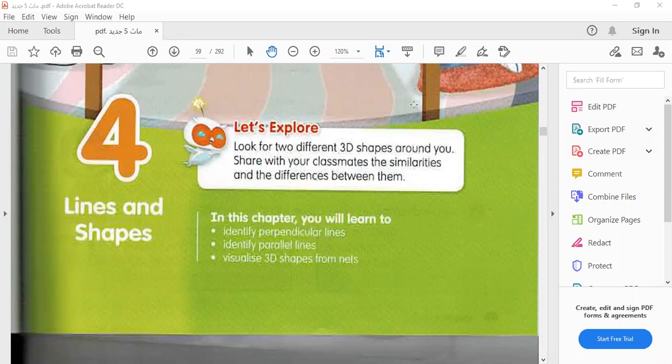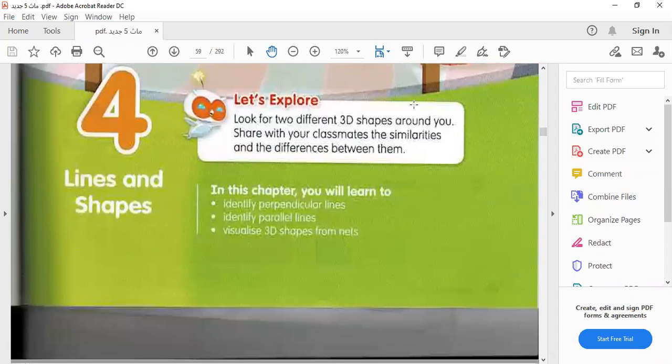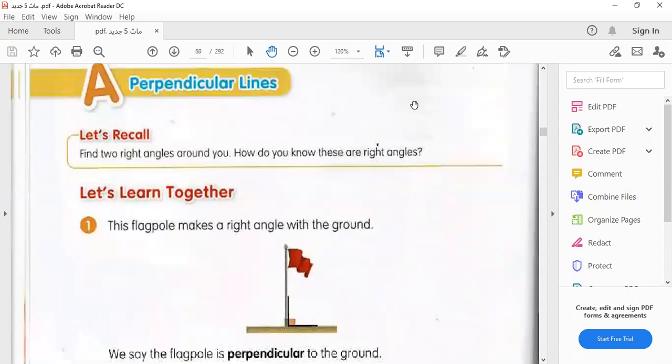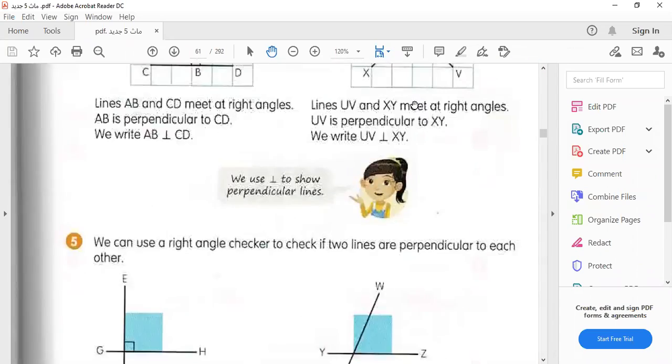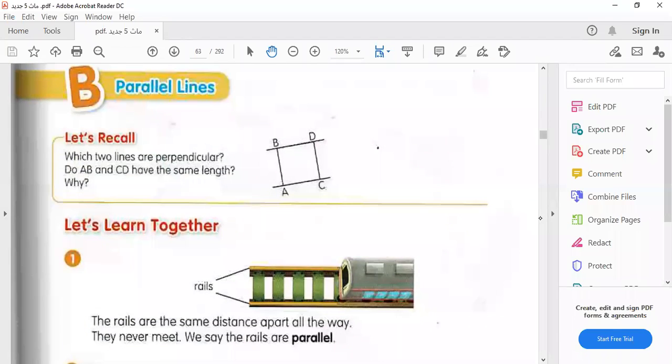It's not homework, but I want you to go through unit 4 tomorrow. Study it well: the perpendicular lines, parallel lines, and 3D shapes. If you have any question, ask me tomorrow.